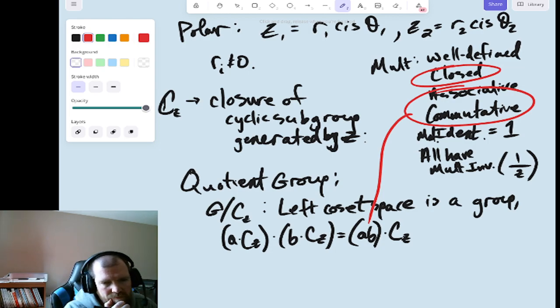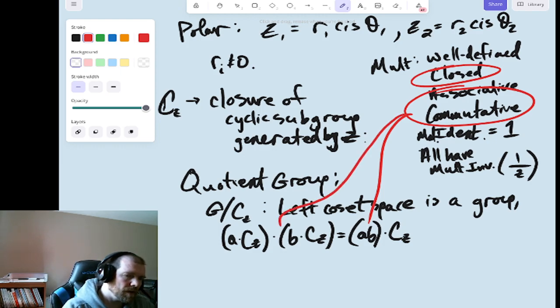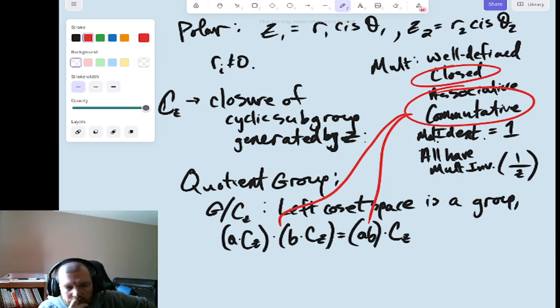We don't need... yeah, okay, we do need commutative. As long as this multiplication holds, then that should work for us. Like I said, I don't really know much about this particular setup.